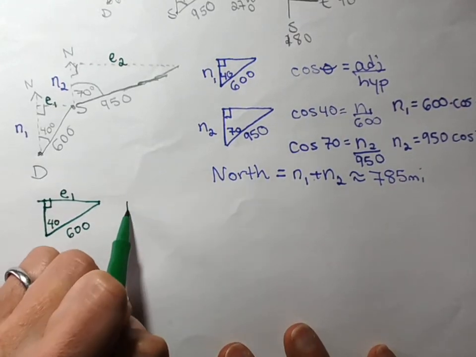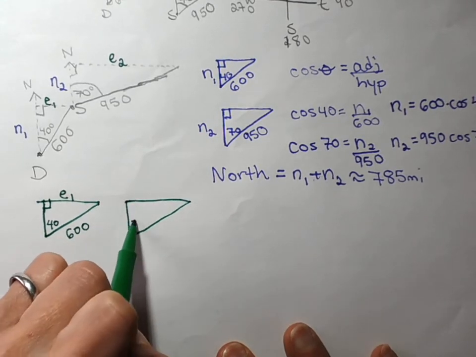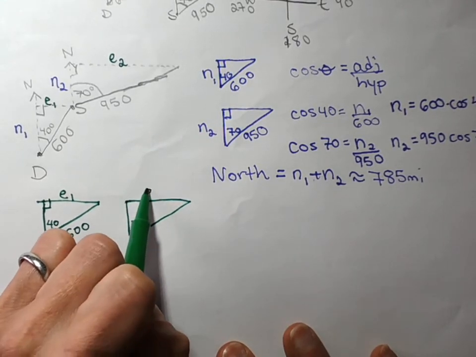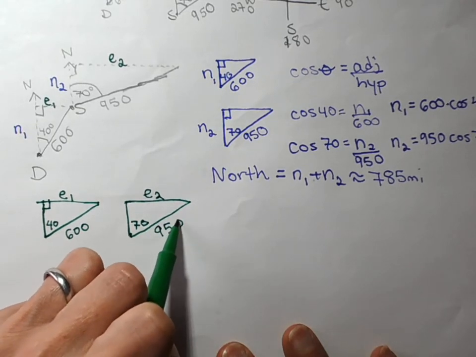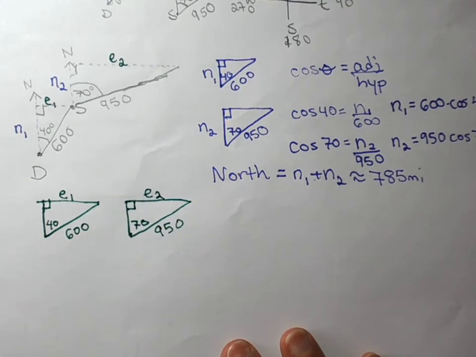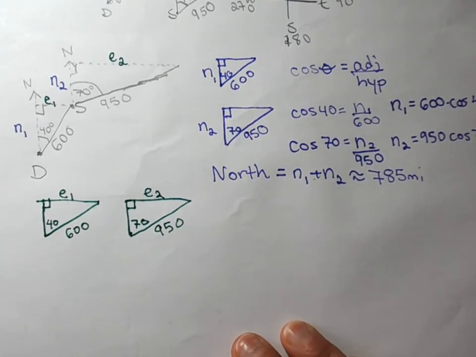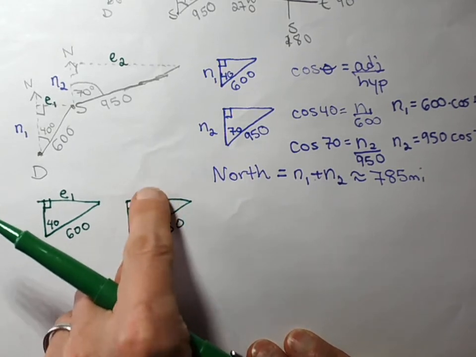And then the other triangle is 70 degrees. Here's that east distance, 950 miles there.